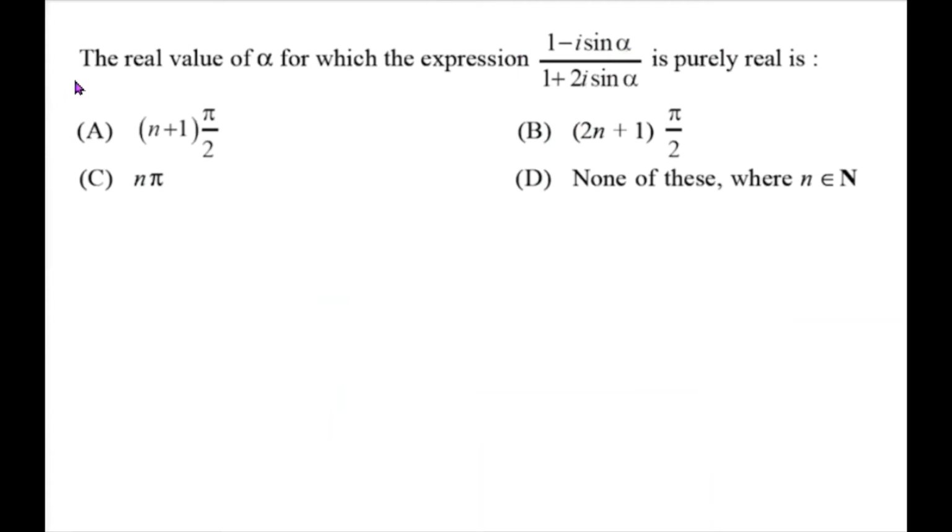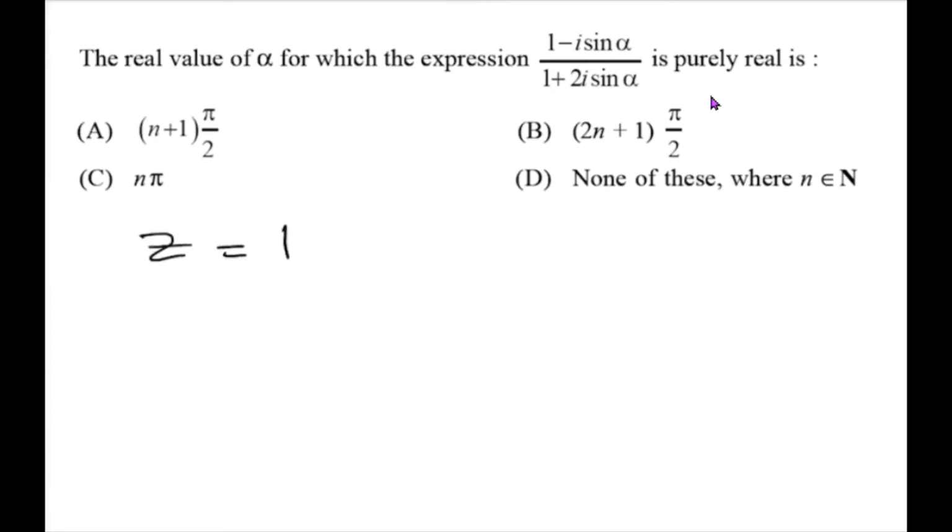Very similar problem, the value of alpha for which the expression is purely real. So this expression will be purely real only when its imaginary part is 0. So the imaginary part of this complex number z.